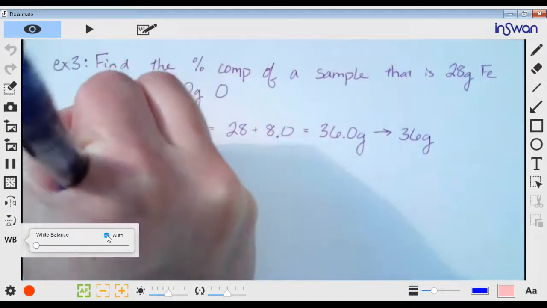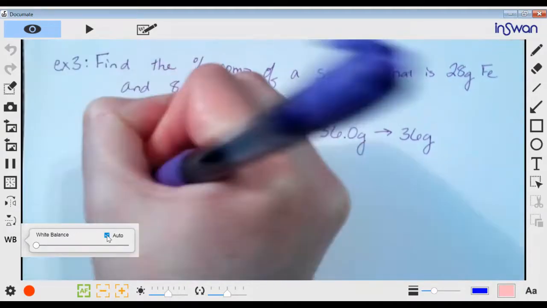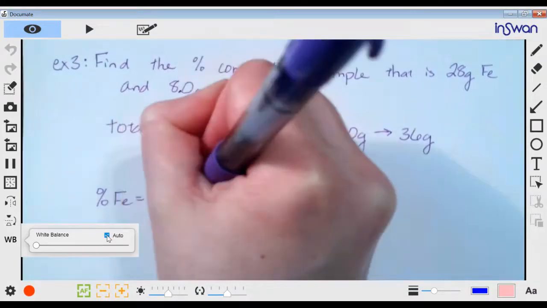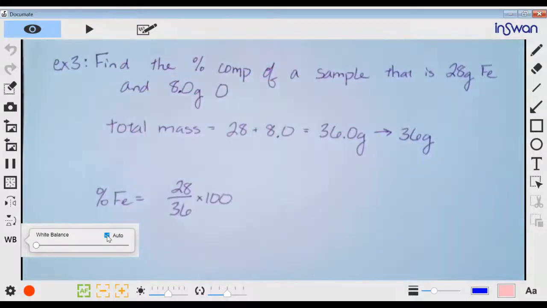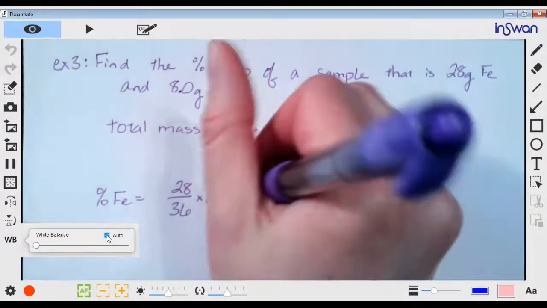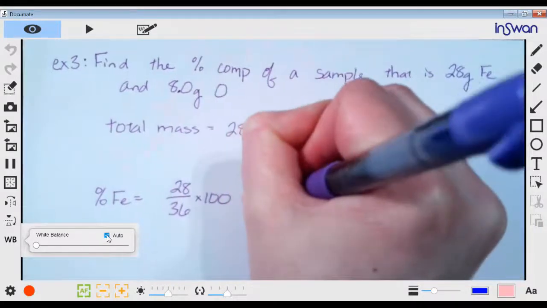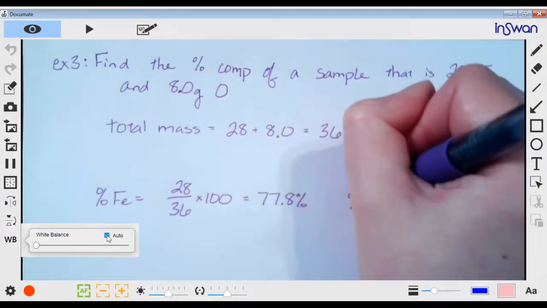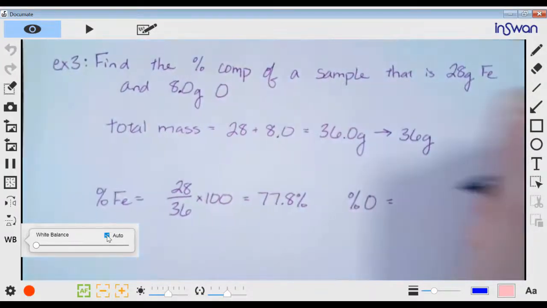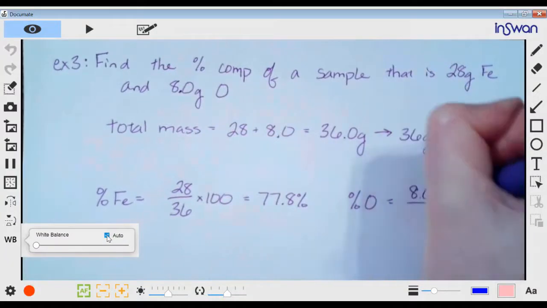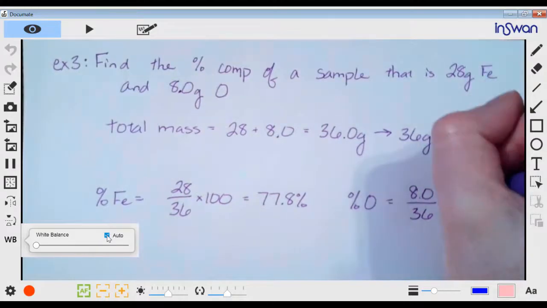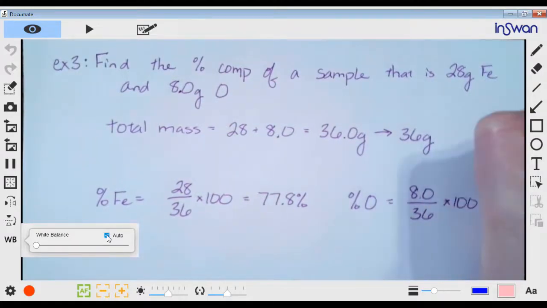So my percent iron is going to be equal to 28 divided by 36 times 100, which is equal to 77.8. And my percent oxygen is equal to 8.0 divided by 36 times 100, which gives me 22.2.